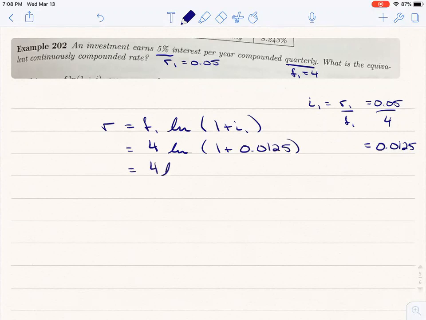So I have 4 times the log of 1.0125. To take the log of this, you just have whatever you need to take the log of on the screen and then hit the LN button.